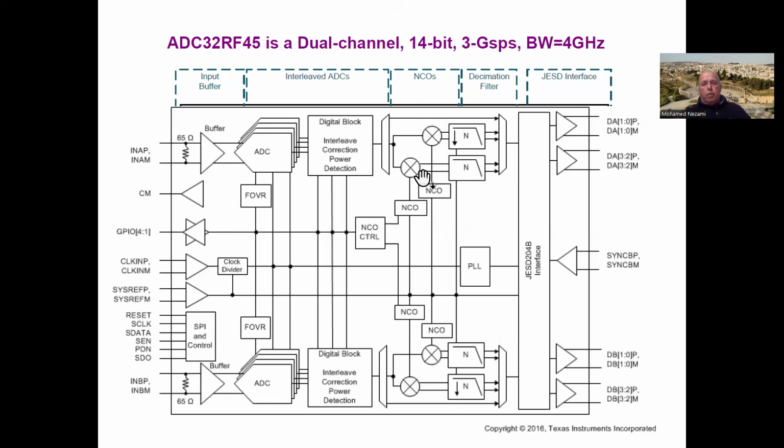It's really not NCOs only. This is a typo, they should correct this. It's really NCOM, which means numerically controlled oscillator and multiplier, which means it's really a digital down conversion. You get some kind of sync reference signal.